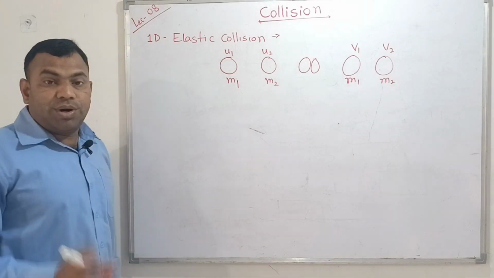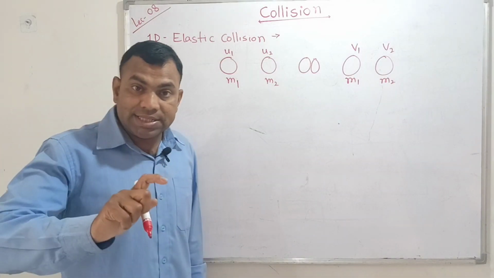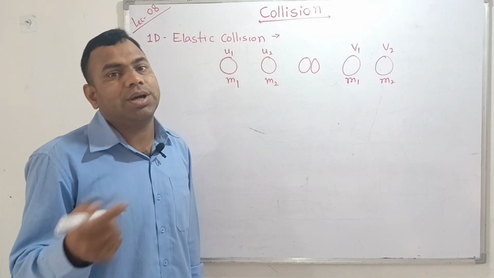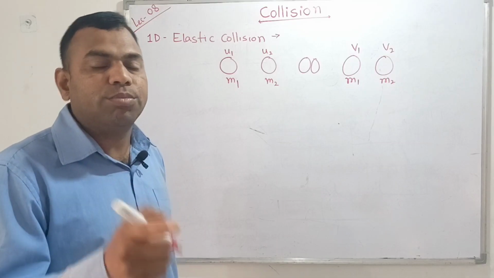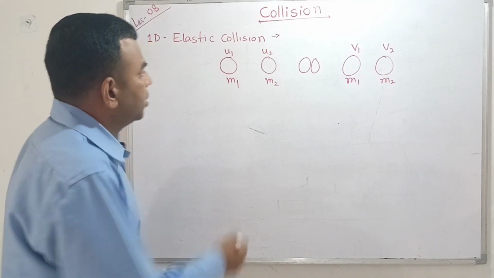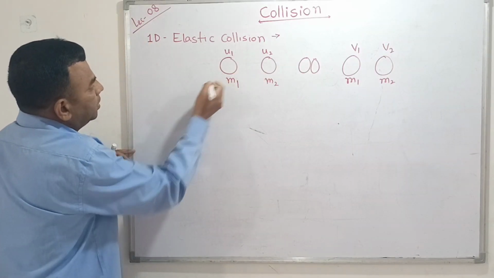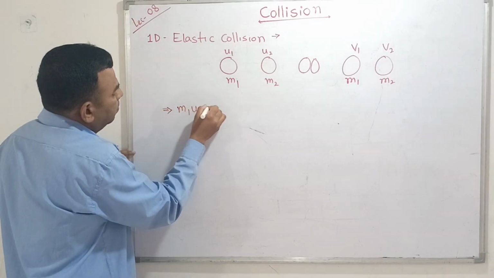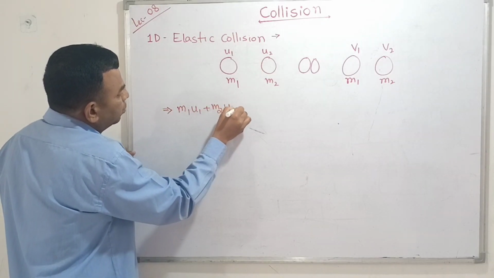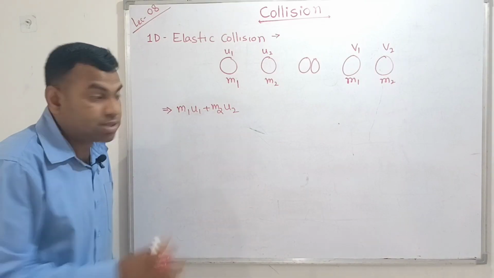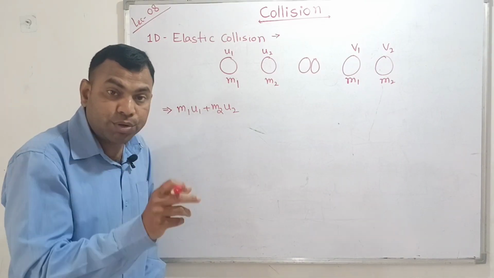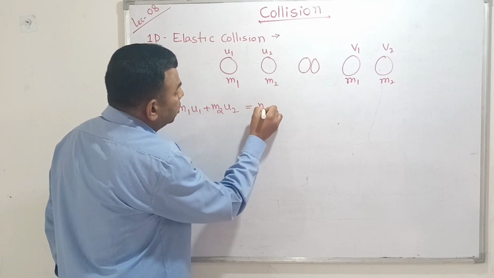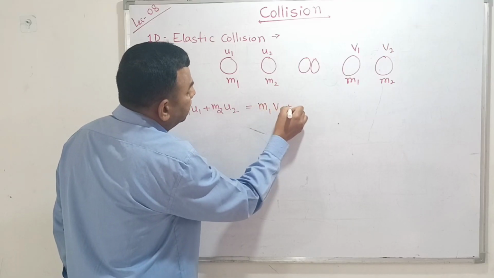For elastic collision, what are the two conditions? One is the kinetic energy initial of the system is equal to the kinetic energy final, and momentum is also conserved. So what will be the initial momentum in this case? m1 u1 plus m2 u2. This is the momentum of the system. This is the total momentum before collision, equal to the total momentum after collision.